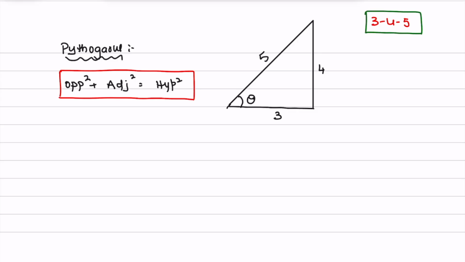You can easily measure the value of theta. Now, I have already told you, as theta increases, sin theta increases. This is our basic principle. And cos theta decreases. This is our basic principle.